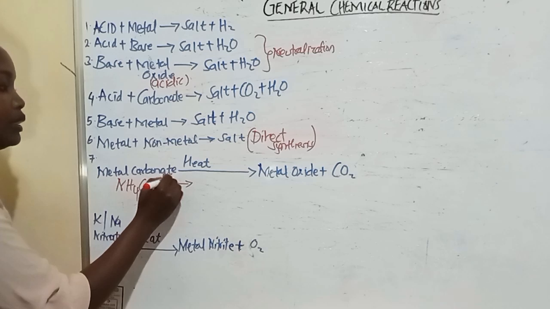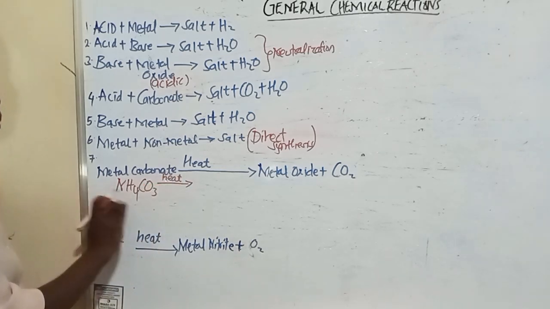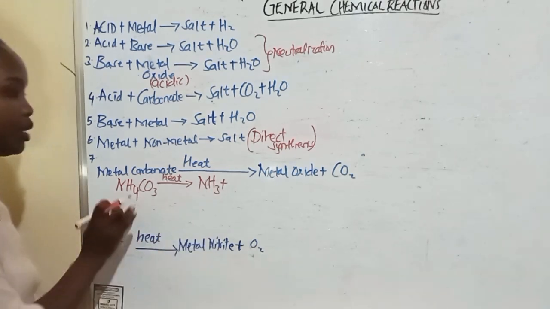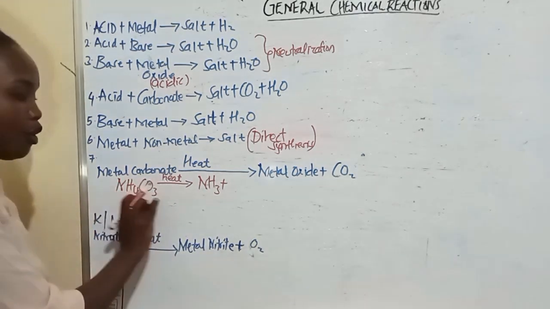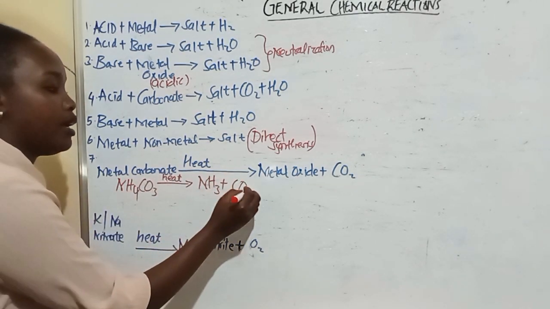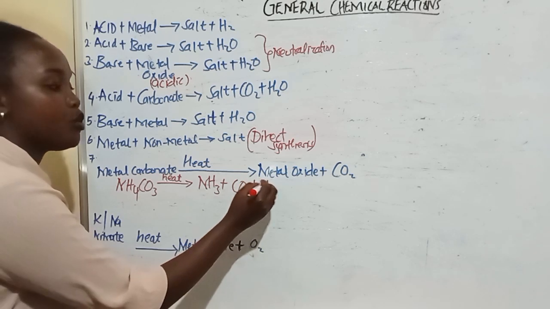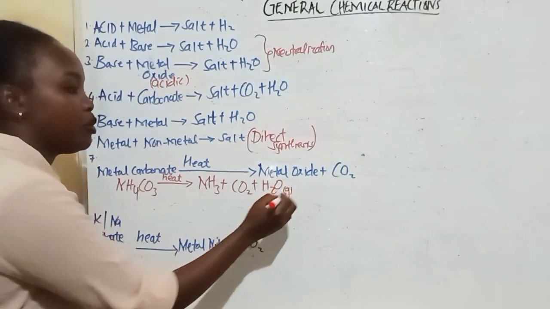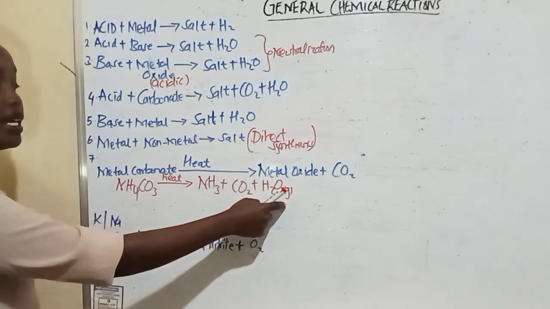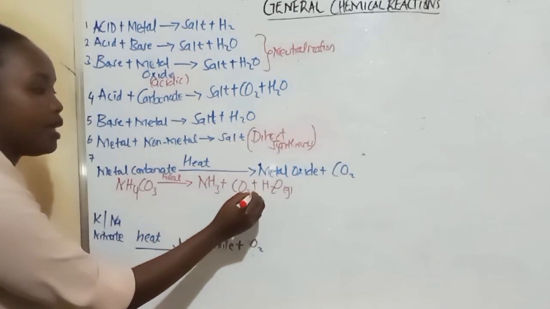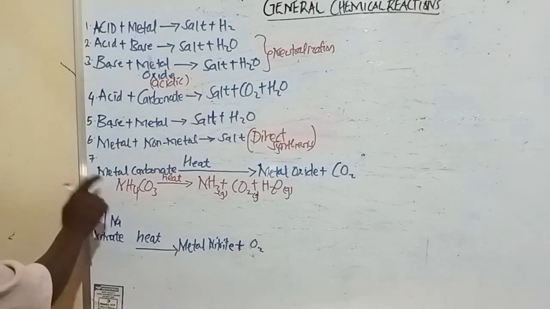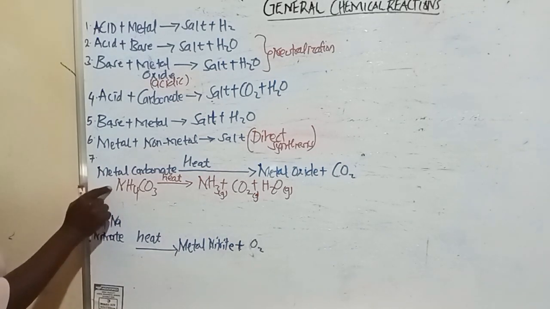If you heat ammonium carbonate, you're going to form ammonia, you're going to form carbon dioxide, and you're going to form steam. So I'm going to write water, but the state symbol is going to be gas because it is steam that has been generated. So that is the exception of ammonium carbonate.